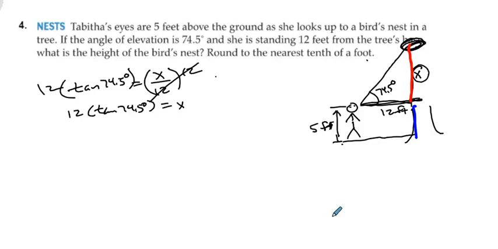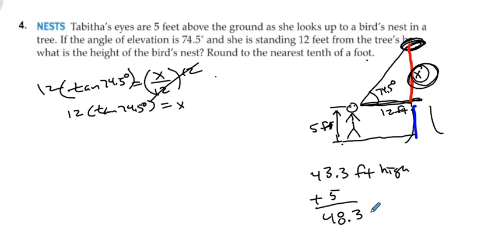So you could tell this wasn't even close to being to scale. 43.3 feet high, so that's this. Now we have to add to it the 5. So the total height is 48.3 feet, and that is your answer.